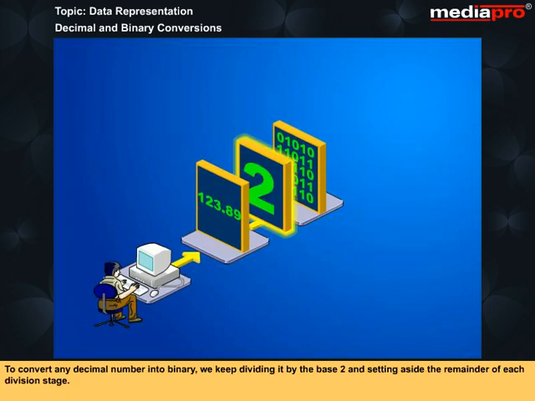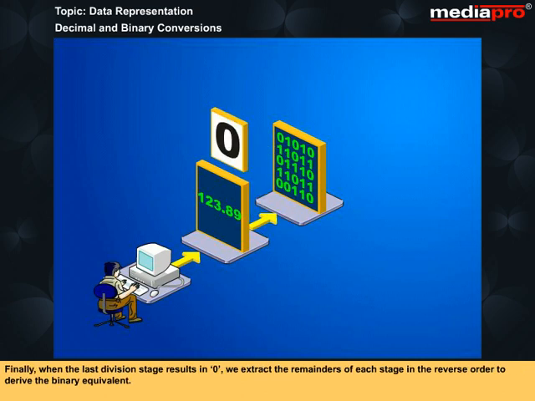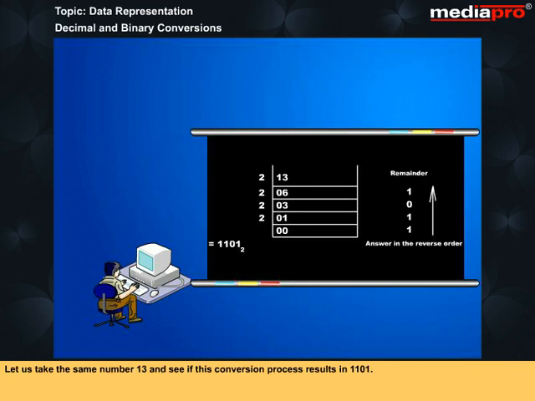To convert any decimal number into binary, we keep dividing it by the base 2 and setting aside the remainder of each division stage. Finally, when the last division stage results in 0, we extract the remainders of each stage in the reverse order to derive the binary equivalent. Let us take the same number, 13, and see if this conversion process results in 1101.